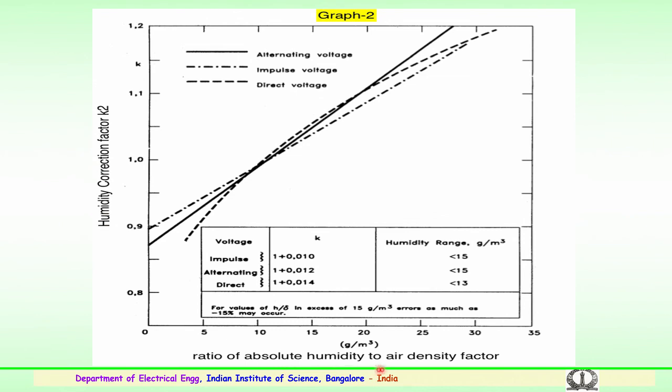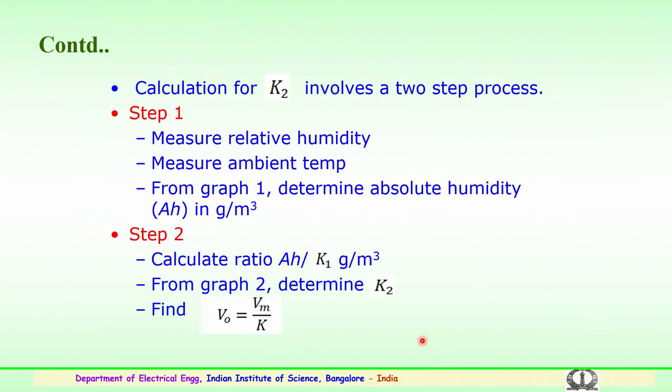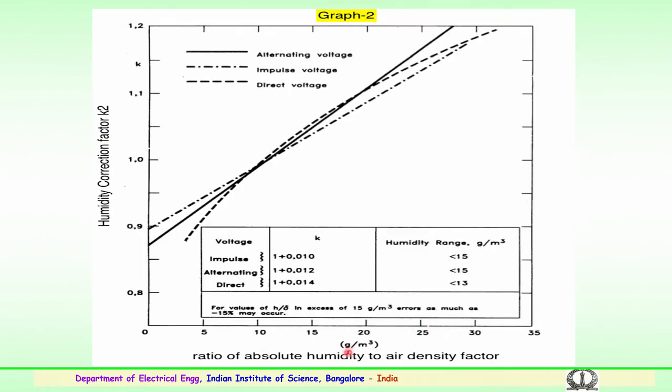So, the ratio of absolute humidity to air density is first calculated, and from the graph we can determine K2. In case it is 15 grams per meter cube, here it corresponds to, say, 1.04 or 1.05 as the correction factor K2.